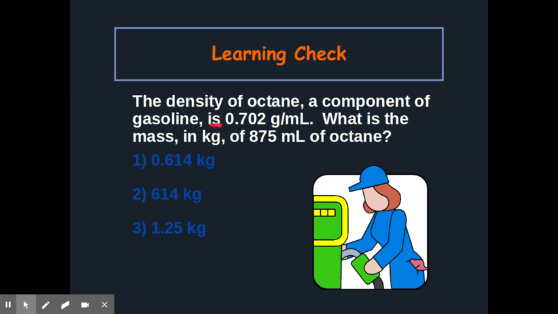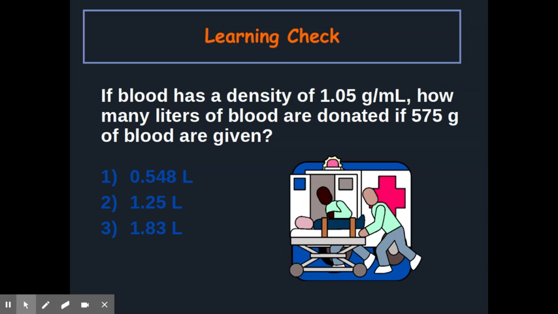Again, we're limited to 3 significant figures. So even though your calculator gave you 614.25, you had to shorten it to 3 significant figures. And don't forget units on your answers. Here's another one for you. Give this one a try.